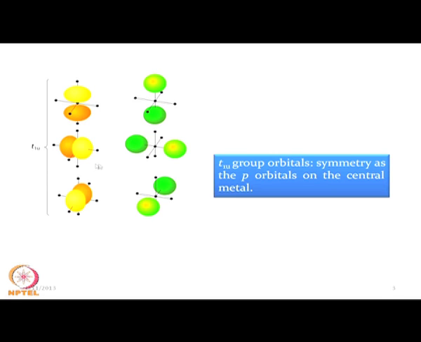So, these are the corresponding p orbitals, px, py and pz. This particular set has a symmetry of T1u, because it is not symmetric with respect to inversion, and the corresponding matching orbitals from the ligand side are facing directly towards the p orbitals.